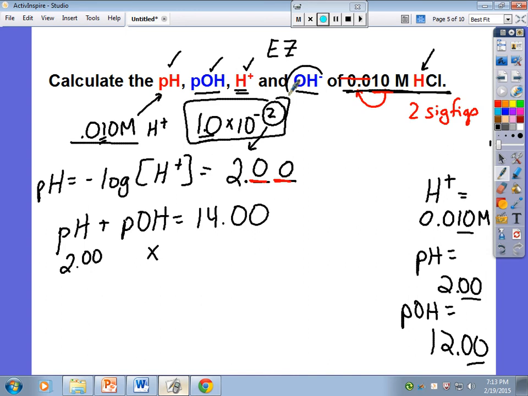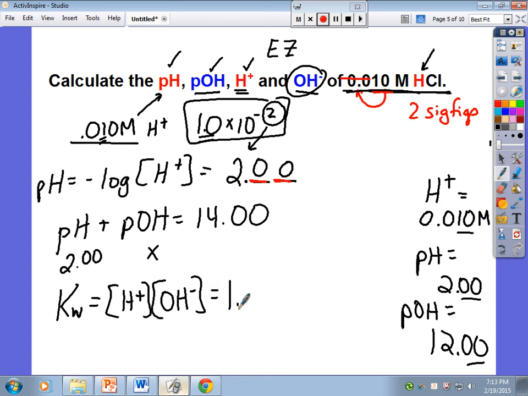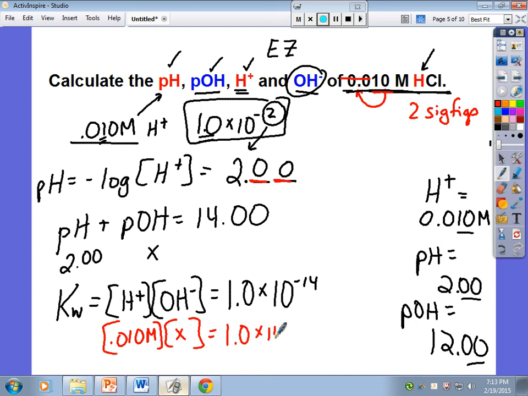Now how do I find OH minus? Well, I'm going to use another equation, Kw. And I know that Kw is equal to my hydrogen ion concentration times my hydroxide ion concentration, and that's equal to 1.0 times 10 to the negative 14th. Now, do I know my hydrogen ion concentration? I sure do. It is 0.010 molarity times X is equal to this number. And I'm just rewriting it so you can see it.